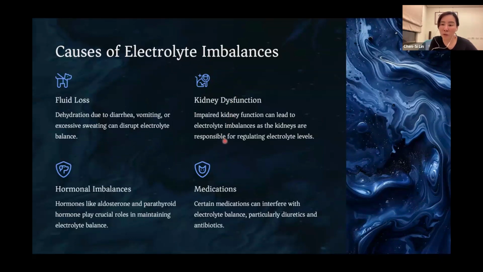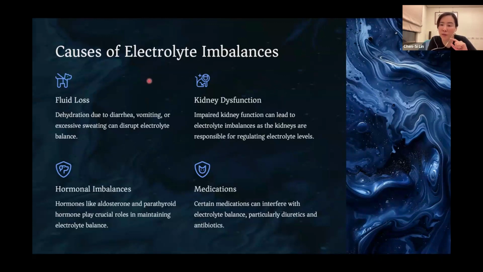So it's very important, as the first step after we know the history of this patient, to do some examination to monitor whether the kidney works well or not.